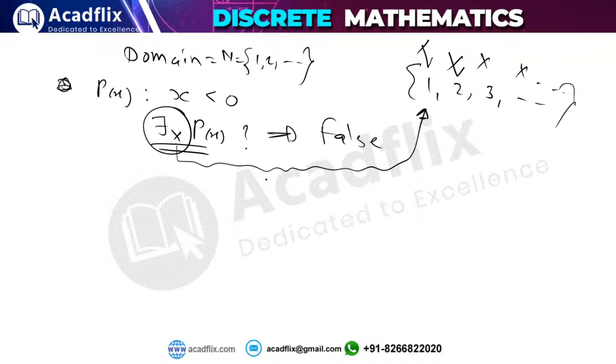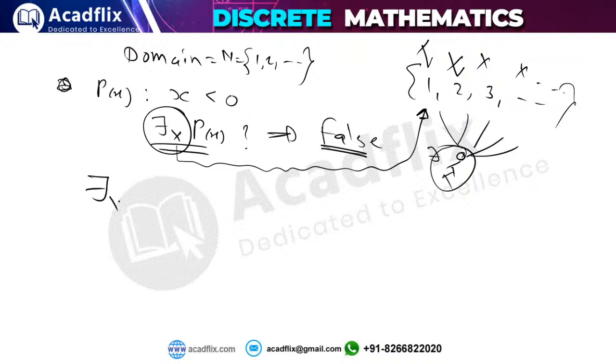You can see no element is satisfying. So the there exists quantifier cannot find at least one element that satisfies P(x). So he becomes sad, basically he becomes false. So there exists x P(x) is false.